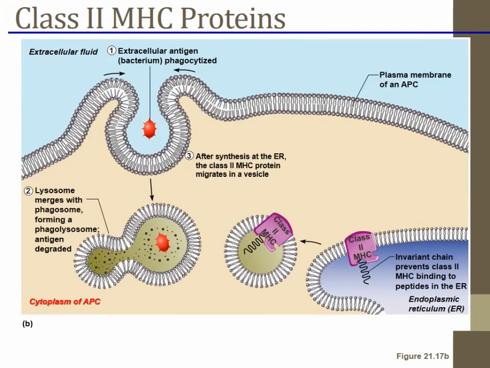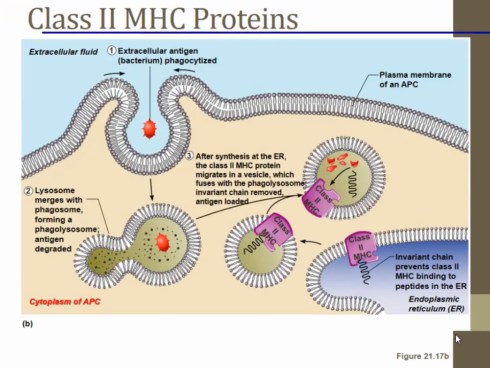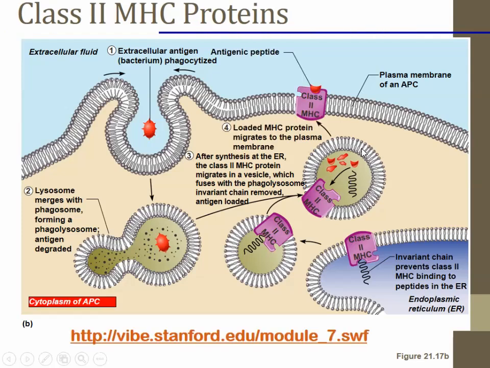If we're on an APC, this is a plasma membrane of an APC, so this could be a macrophage, right? What are we going to produce all day, every day? Proteins. One of those proteins is going to be class 2. So this is going to bind with the class 2. And where is it going to go? A piece of it is going to fragment and bind to that class 2.